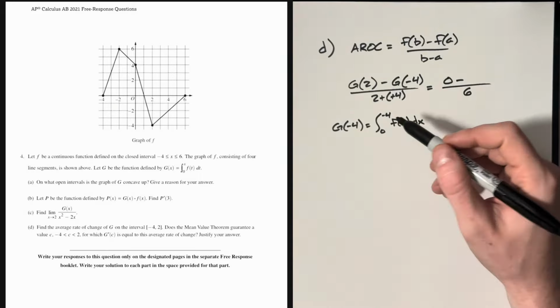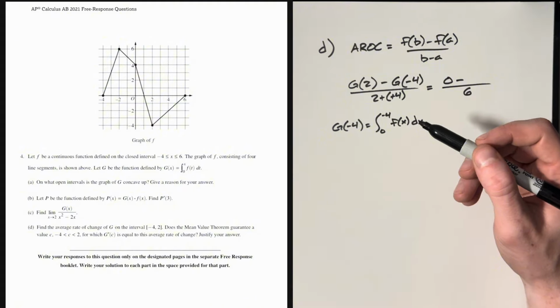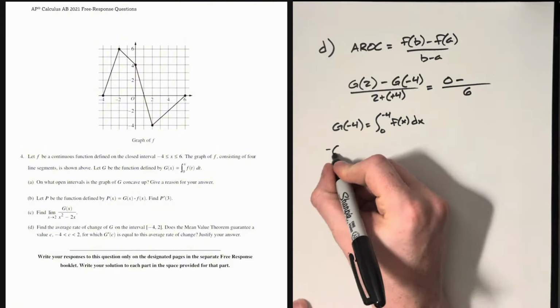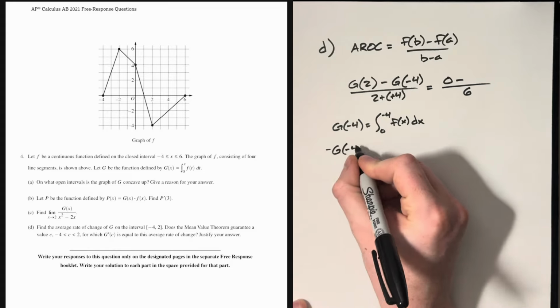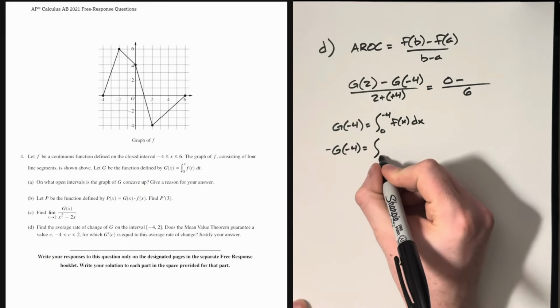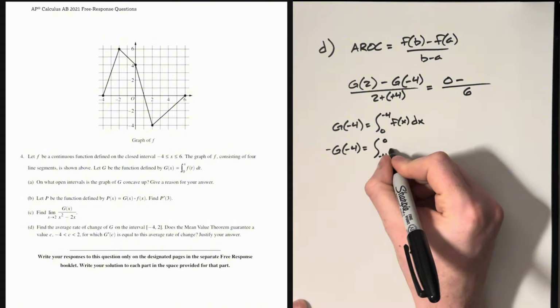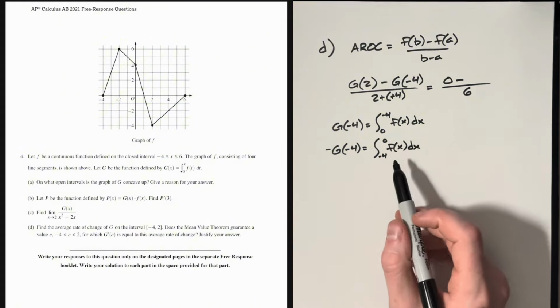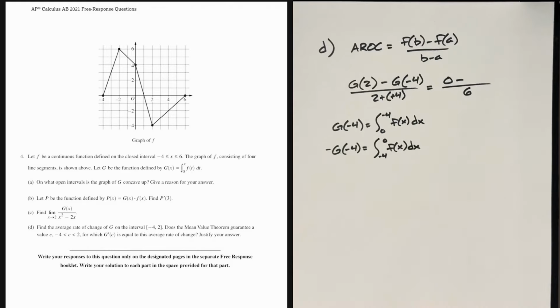We got the bigger value first, smaller value second. So I'm going to flip these two bounds. Say that negative g of negative 4 equals the integral from negative 4 to 0 of f of x dx. And now I can solve this integral geometrically. It will just be the negative of g of negative 4.